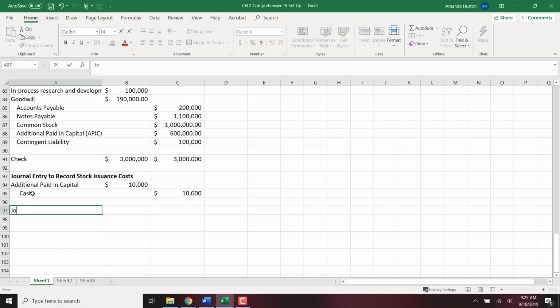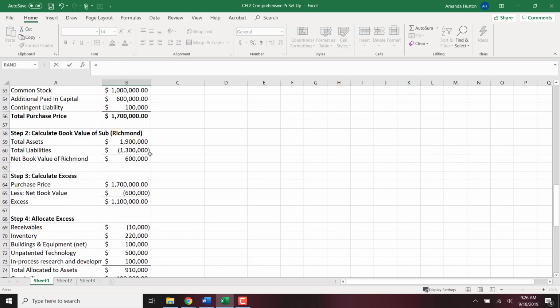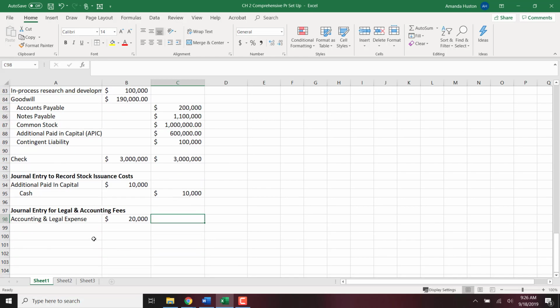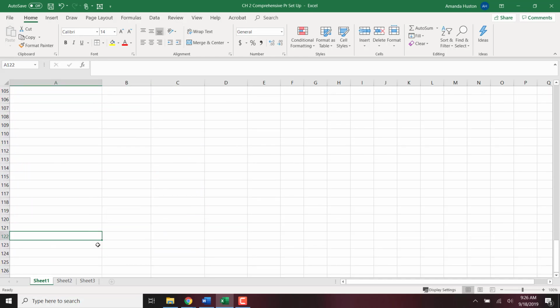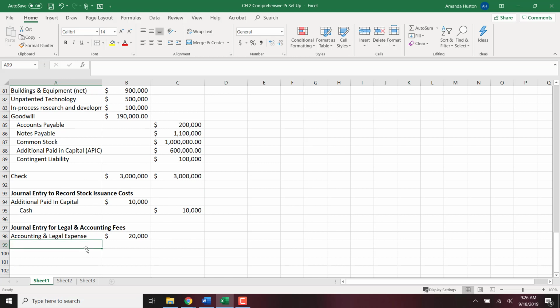And then our final journal entry for legal and accounting fees is accounting and legal expense, which was 20,000 from the problem. And the opposite side of that is cash.